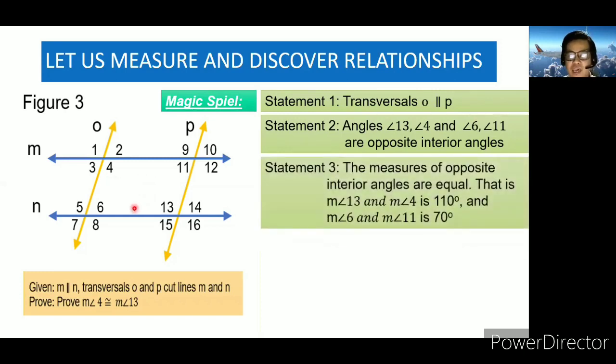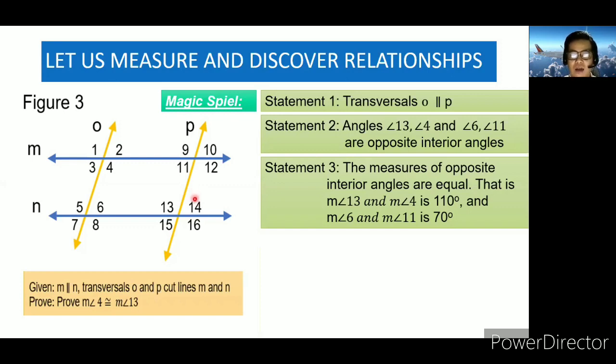You can write for your statement number 3 that the measures of opposite interior angles are equal because, again, your transversal O is parallel with transversal P. Then you can use your protractor to prove that they are really equal in measure.